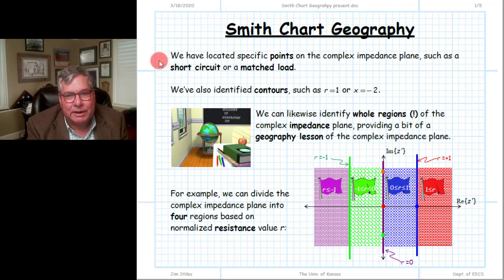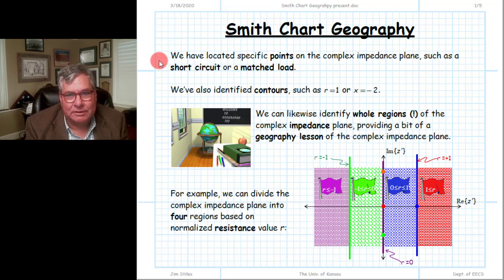Instead of transforming a point from the normalized complex impedance plane onto the complex gamma plane, or a contour from the normalized impedance plane onto the complex gamma plane, we're going to take whole regions from the complex normalized impedance plane and transform them onto the complex gamma plane.